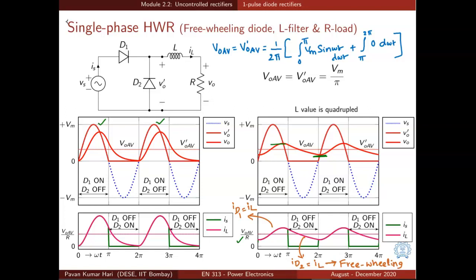And what is D2 doing here? D2 is disengaging or disconnecting the source from load when the source voltage is becoming negative. So that is why it is known as freewheeling diode. It is taking up the current from D1 at omega t equal to pi.